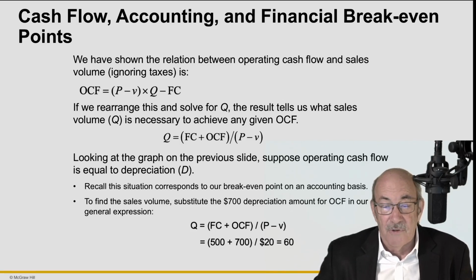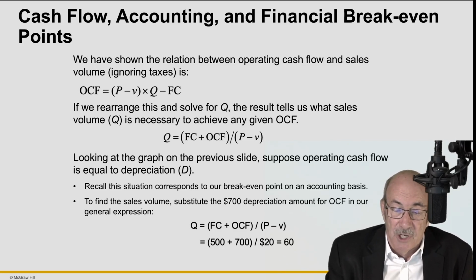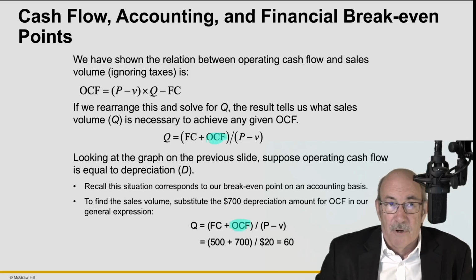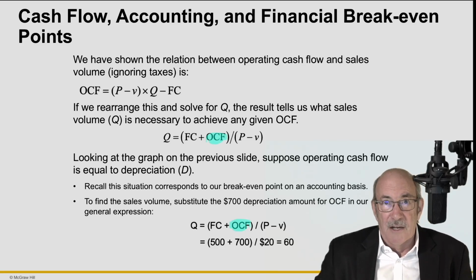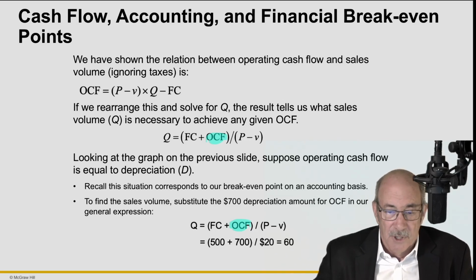This takes you through some of the algebra behind it, and I don't think that's particularly helpful. The one thing I will point out here, though, is that we can just change this number here from 0 for that cash flow break-even to depreciation, the level of depreciation, for the accounting break-even, to get our various break-even points.